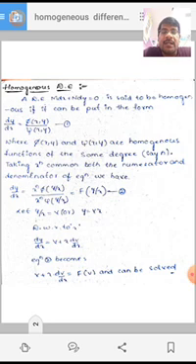Differentiating with respect to x, by the uv method, dy by dx is equal to v plus x dv by dx. From equation 2 it becomes v plus x dv by dx is equal to f of v, which can be solved by separation of variables or directly integrated. We get the solution of the homogeneous differential equation.